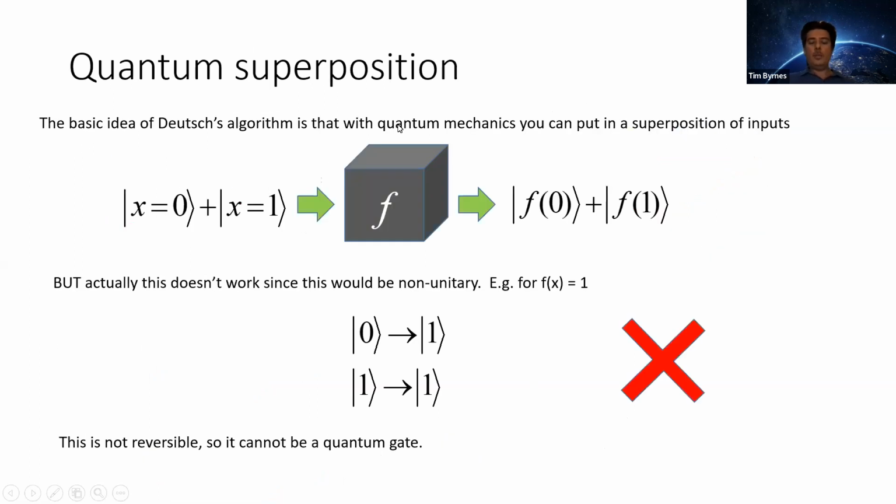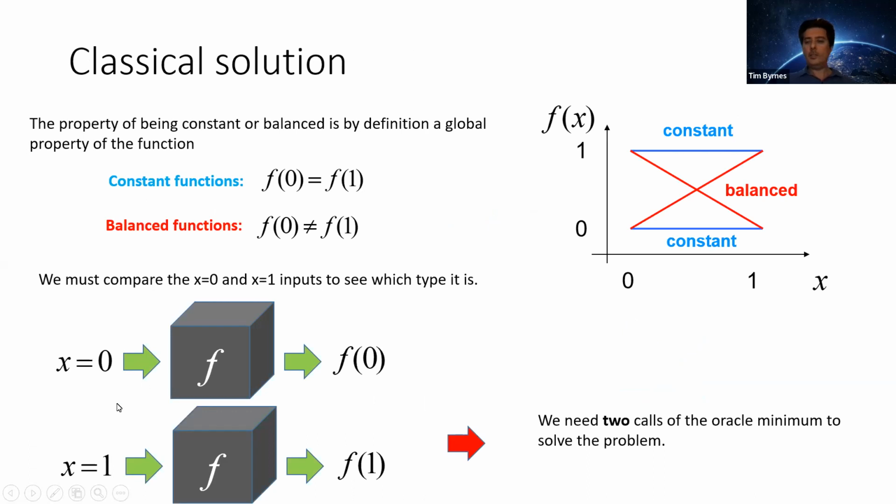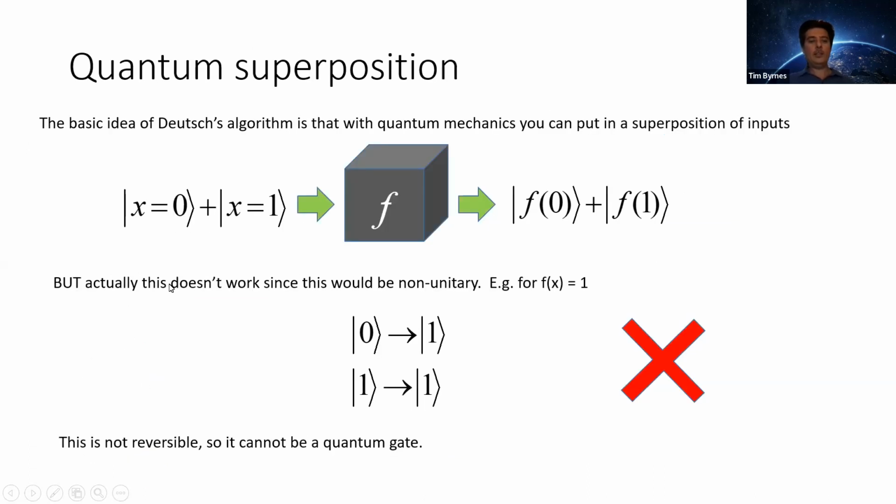Basically, the rough idea of how we're going to do this is using quantum superpositions. This is how we're going to use the quantum oracle: instead of putting in one value into the function at a single time, we're going to put in two at the same time. Obviously, this means the oracle has to be made of some kind of quantum material, otherwise you won't be able to have this kind of superposition.